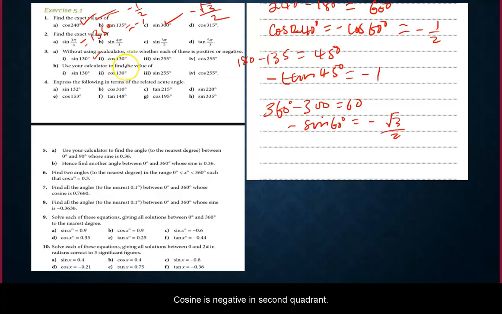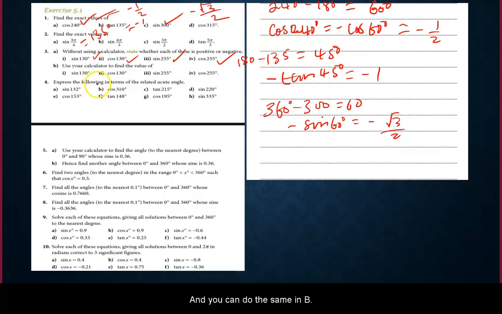Cosine is negative in the second quadrant. Sine 225. 225 can be seen in the third quadrant, and sine will be negative in the third quadrant. Cosine of 225. 225 can be found in the third quadrant. Cosine is negative in this particular place.